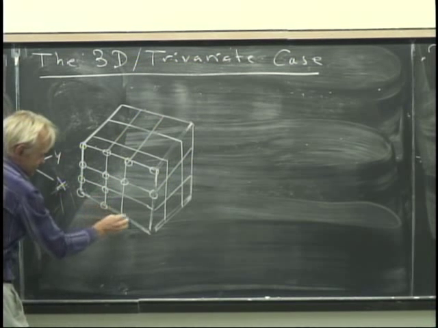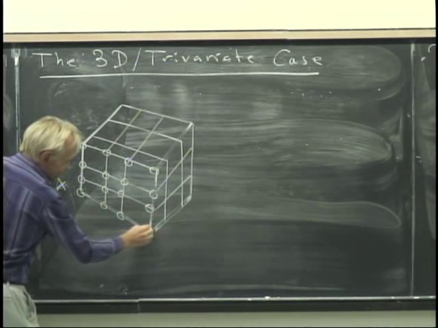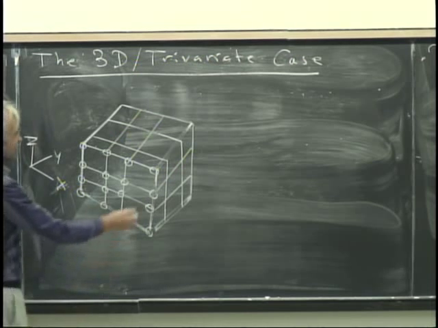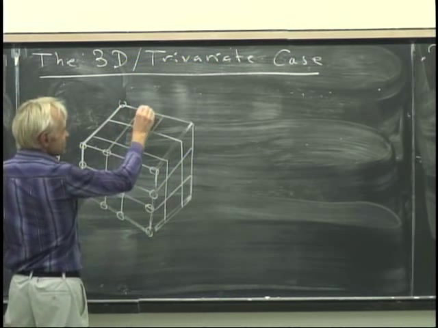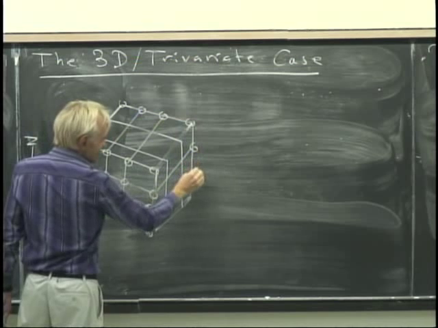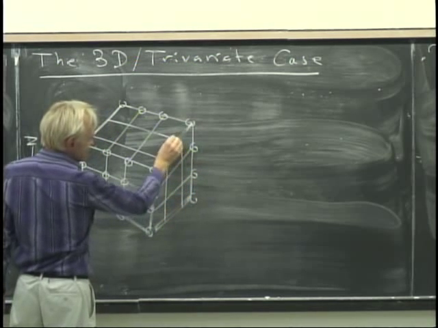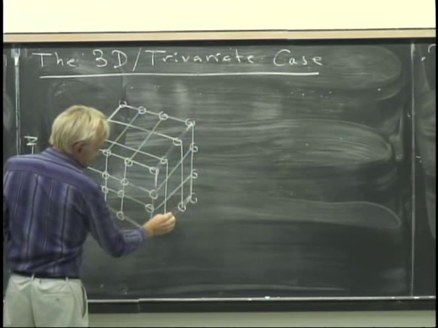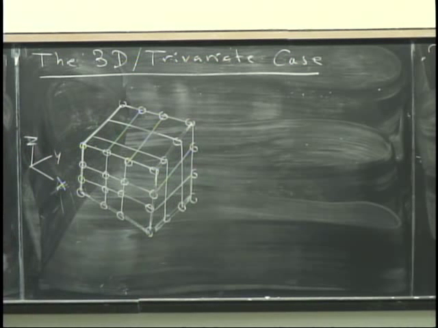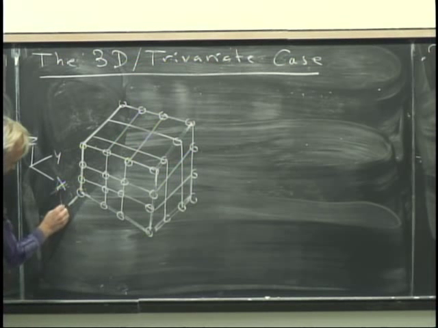These circles are the Bezier points, or the Bezier ordinates, on the front face, and there's a bunch on the top face, and a bunch on the side face to the right. I will name some of them so you get an intuition for the numbering and the indexing. This lower left bottom one would be point B 0, 0, 0.